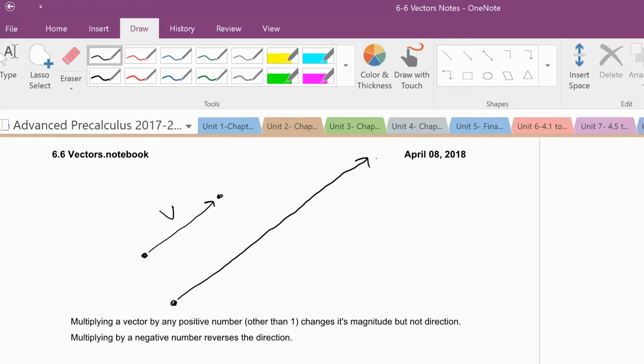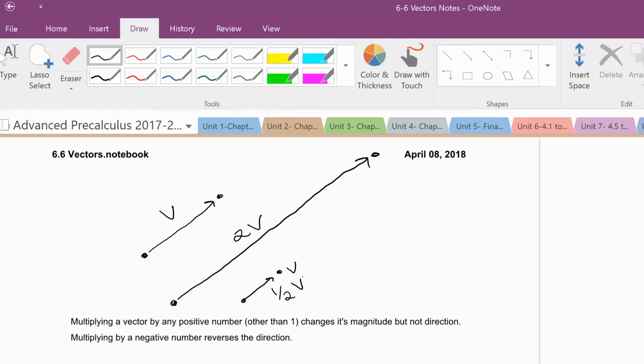So for example, let's say that was 2v. Or if I multiply it, let's say it goes in the same direction but shorter, let's say that's 1/2 v. But notice anytime I multiply it by a positive number, it changes the magnitude but not the direction.